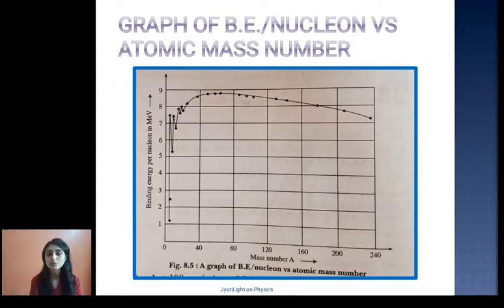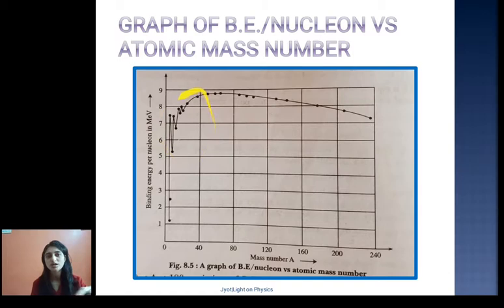As the atomic mass number increases, the binding energy per nucleon also goes on increasing, and between 40 to 80 we can see the peak, which is around 8.7 MeV, and after that again the binding energy per nucleon decreases.